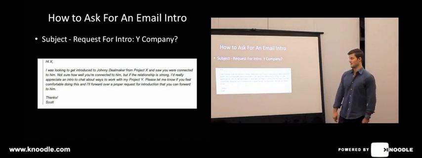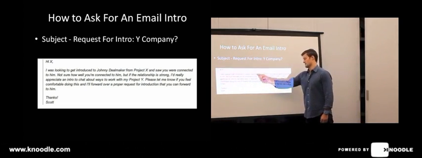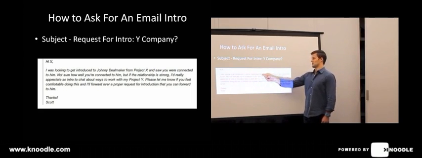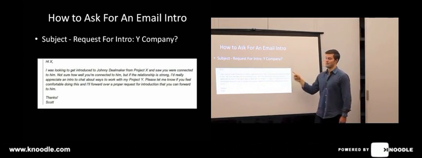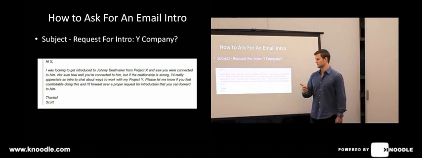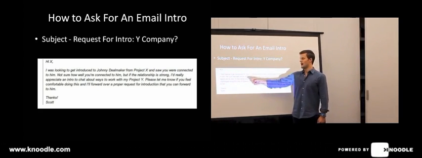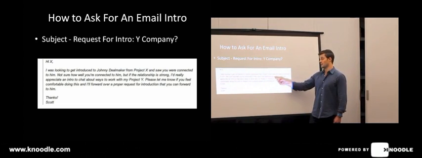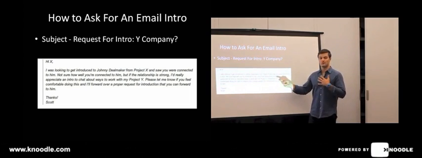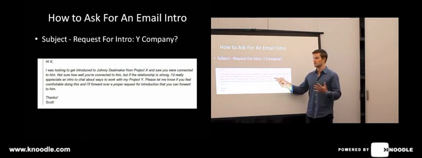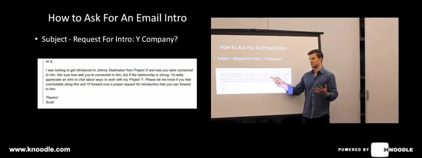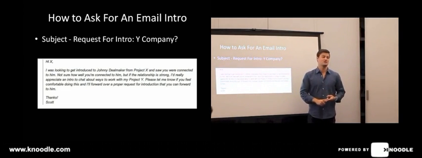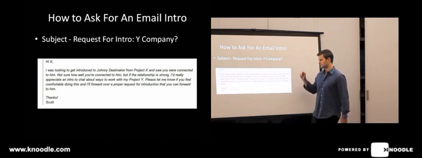First sentence: I'm looking to get introduced to this person, and this is why I'm asking you, because I saw you're connected. Second sentence: I don't know if your relationship is strong and whether you would even feel comfortable, but if it is strong, I would greatly appreciate you making that introduction. I'm respecting the fact that this person might not be close to them, or might not be comfortable making an intro.